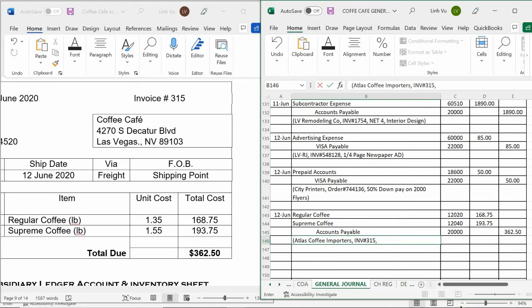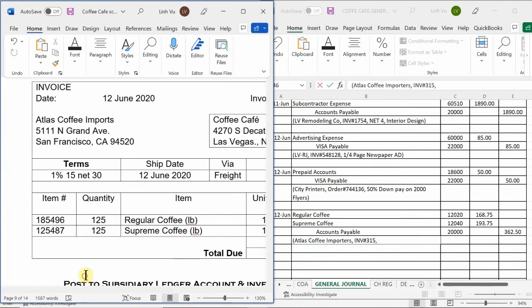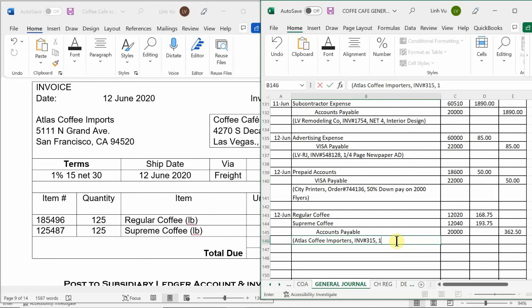That's fine, but we're going to put all that information in our ledger. What about terms? 1% for 15, if you pay within 15 days, and net 30. Okay, good.